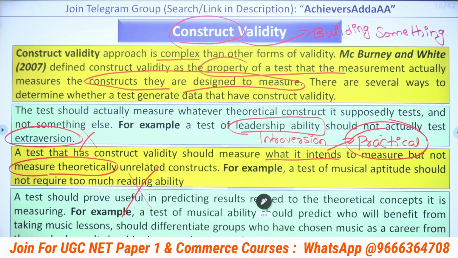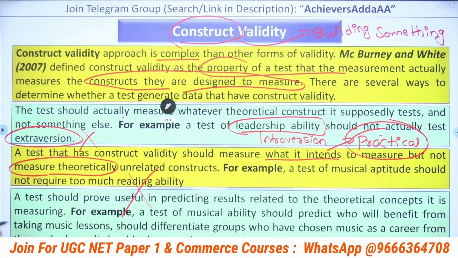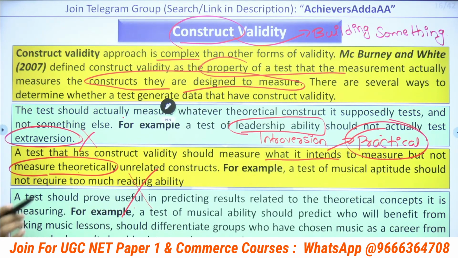Right? So here, a test should prove useful in predicting the results related to the theoretical concept it is measuring. But it is not about the theoretical concept measurement only. Here we are saying not theoretically important; we are looking at the point of practicality.